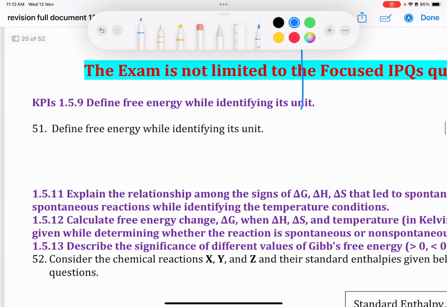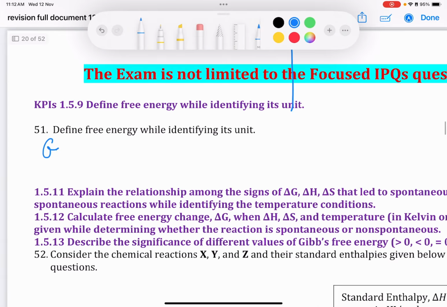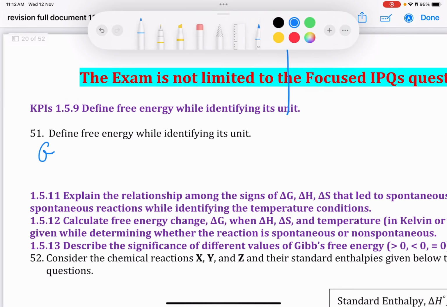Moving on: free energy, the Gibbs free energy. The symbol of Gibbs free energy is G, and that is the energy available to do work.